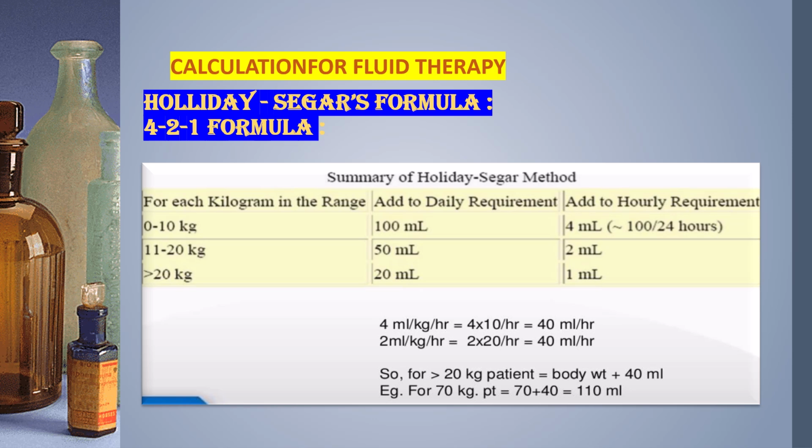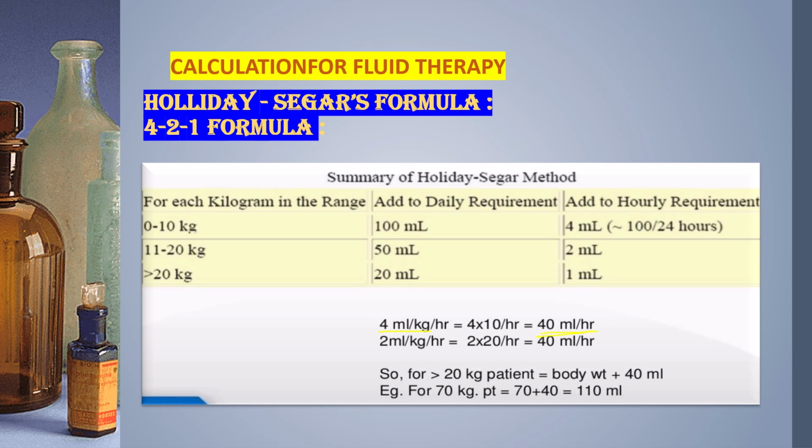For each kilogram from 0 to 10 kg, we will add the hourly requirement, that is 4 ml per kg per hour. So 4 ml into 10 kg will give you 40 ml per hour.